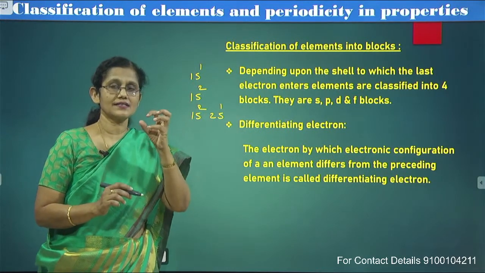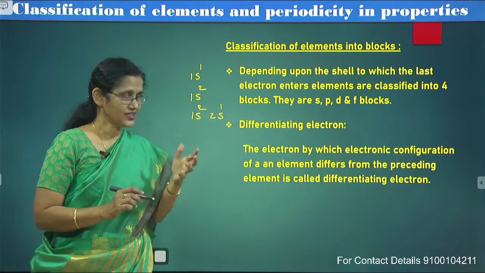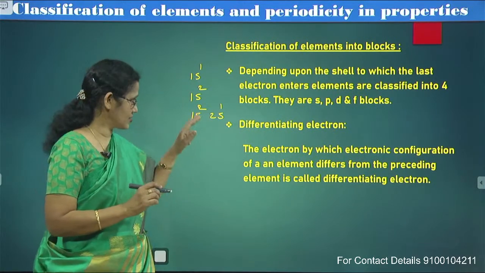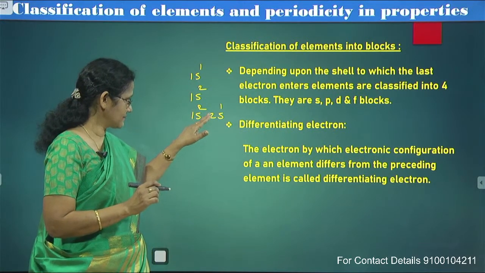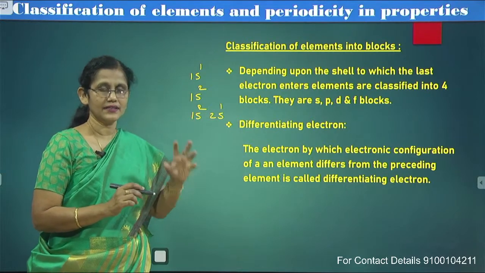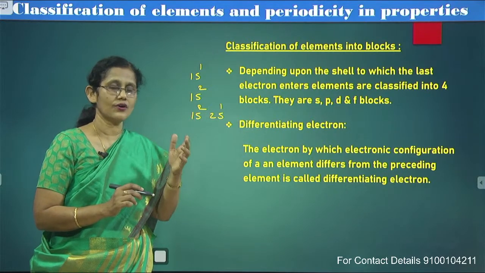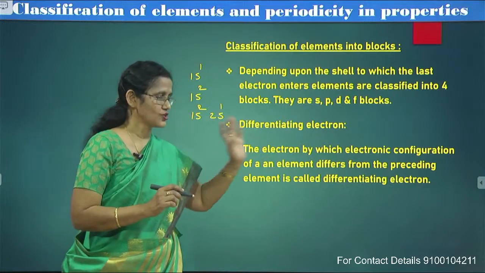That last electron by which the electronic configuration of one element differs from the preceding element is called the differentiating electron.